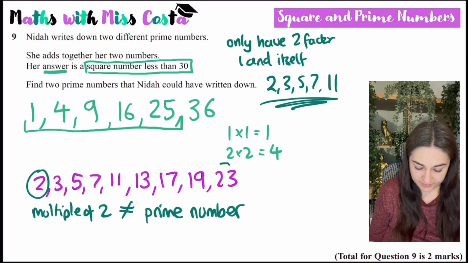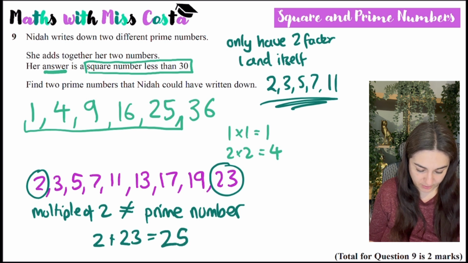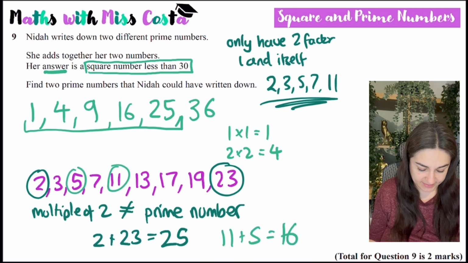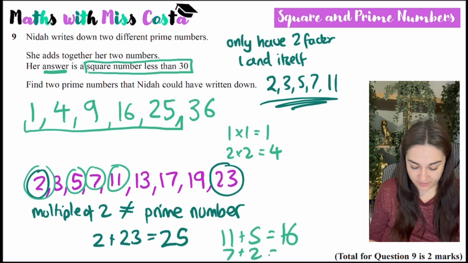So out of these, 2 plus 23 gives me 25, which is a square number. I could have also done 11 plus 5, because that gives me 16. I could have also done 7 plus 2, because that gives me 9.